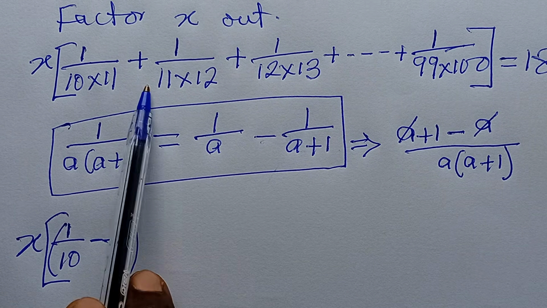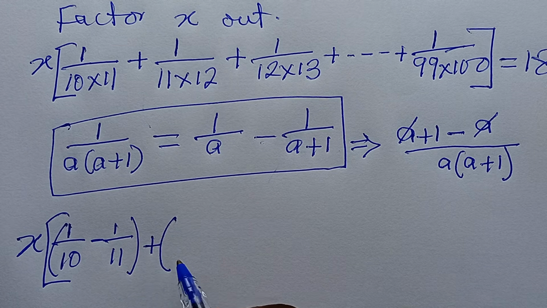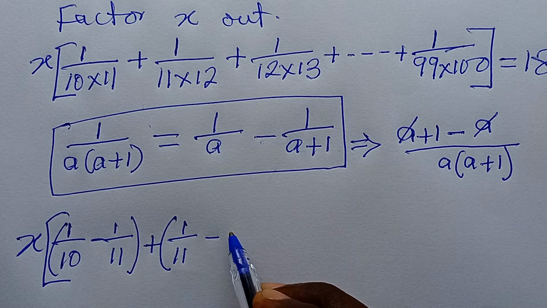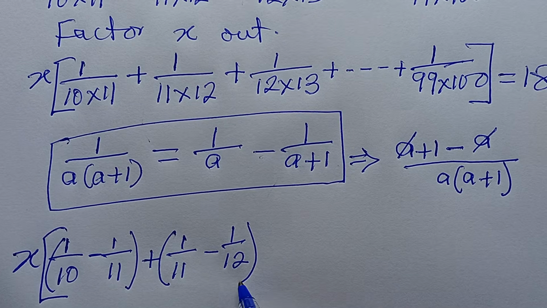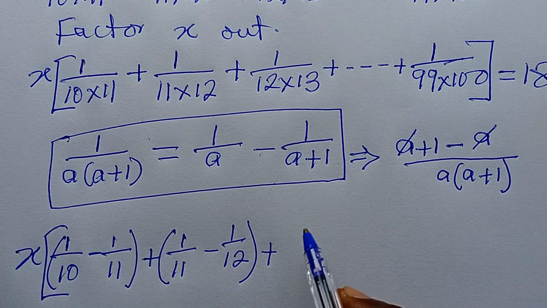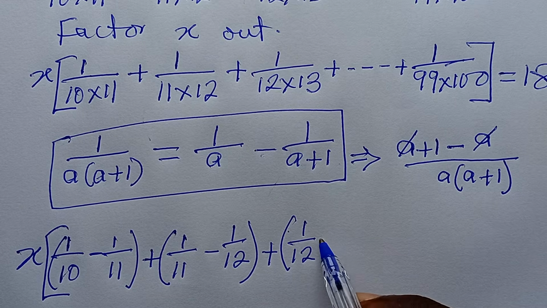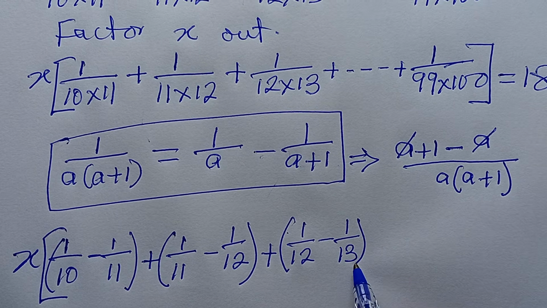Then we now do the same thing here. So this is going to give us plus our bracket 1 all over 11, then minus 1 all over 12, right? Then close bracket, then plus, we do the same thing for the next one, 1 all over 12, minus 1 all over 13, close bracket.